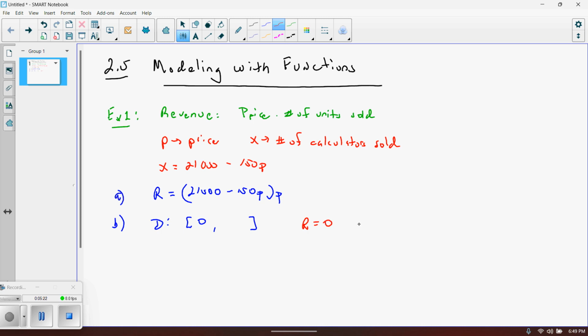Well, that's where we get p equals 0, because if you take that, p would equal 0, or you would get that 21,000 minus 150p is equal to 0. That one we need to do a little solving. So add 150p to both sides, and then divide both sides by 150.